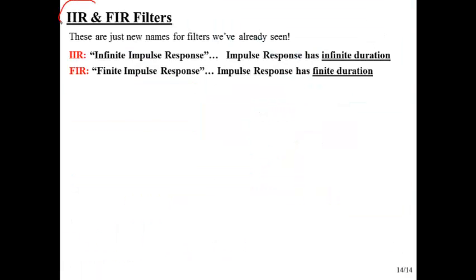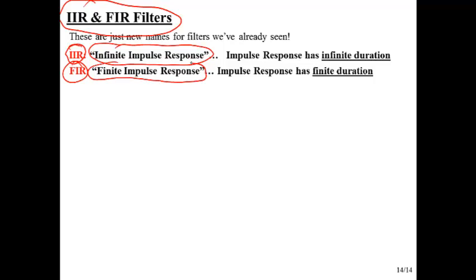Now, you may hear the acronyms IIR and FIR filters. These are just new names for the same two categories of filters we just saw. IIR stands for infinite impulse response, and FIR stands for finite impulse response. Infinite impulse response means we have an impulse response that goes on forever, not in the negative direction, because we want these things to be causal, but in the positive time direction.